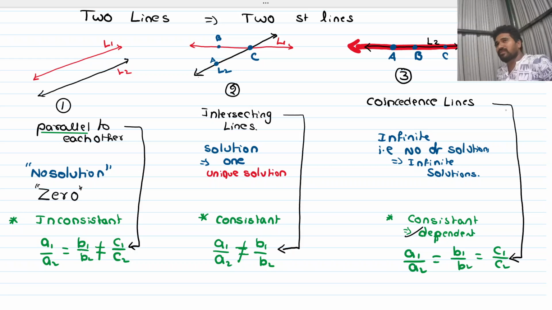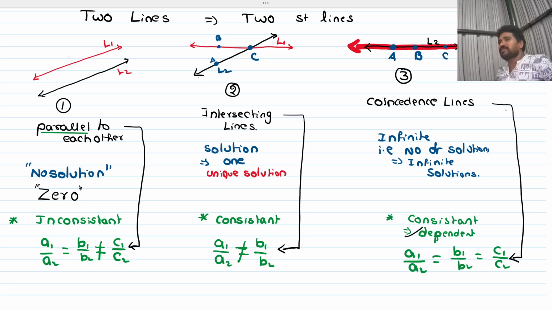Repeat parallel lines condition. A1 by A2 is equal to B1 by B2 is not equal to C1 by C2.